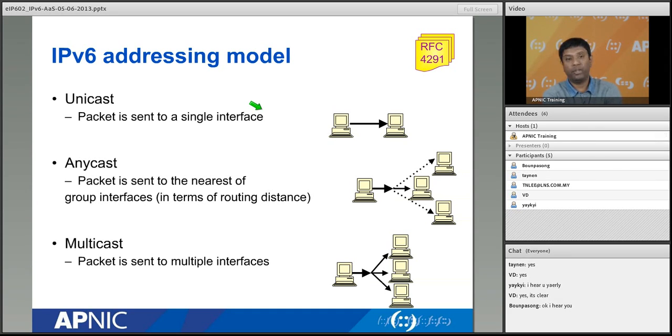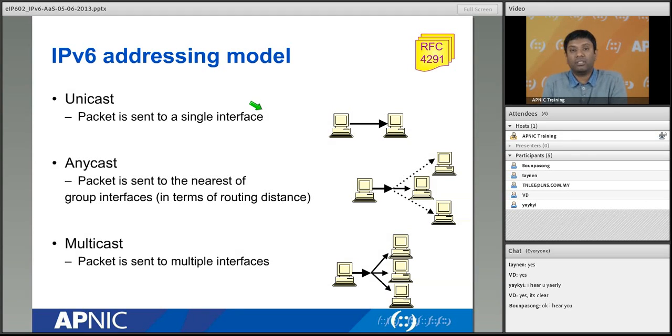A number of machines that belong to that group. Normally in a multicast scenario, 10, 20, 2,000, 5,000 machines belong to the same group. Every individual machine will receive a copy of the packet. If 5,000 machines belong to that group, then 5,000 machines will receive 5,000 individual copies. But the source machine creates only one packet, and that packet will be copied to all the members of the group. That's what we call multicast.